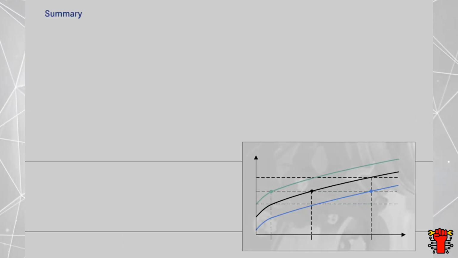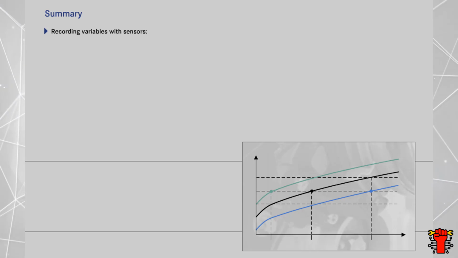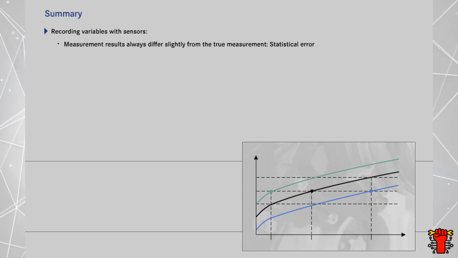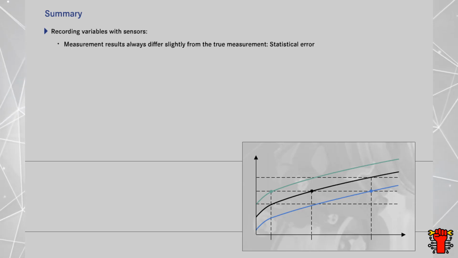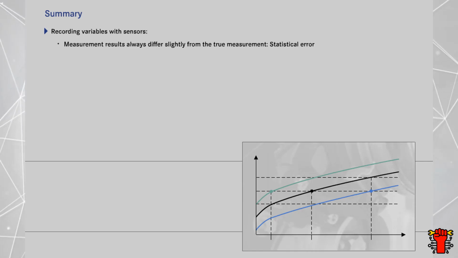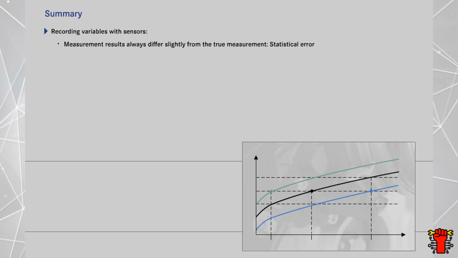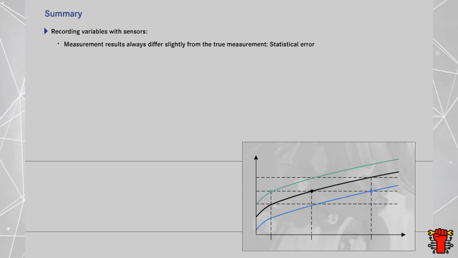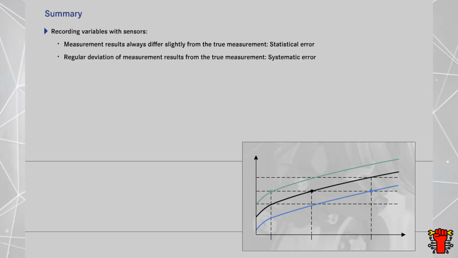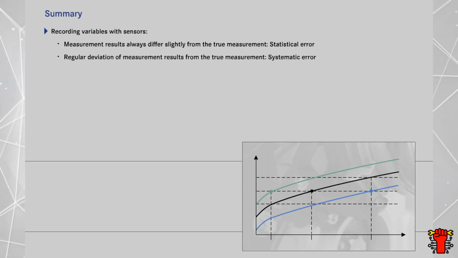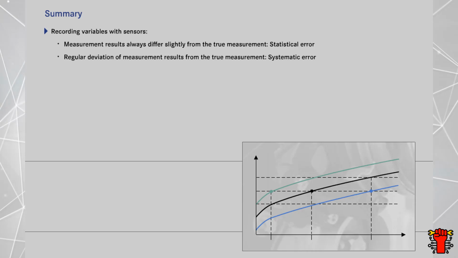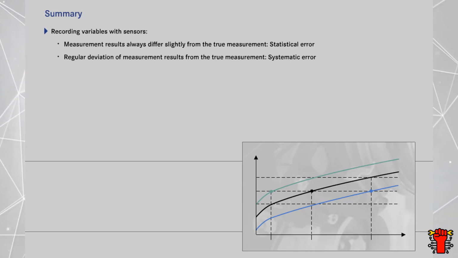Let's summarize the chapter. When recording variables with a sensor, the measurement results will always randomly deviate slightly from the true measurement. This principal measuring inaccuracy is referred to as a statistical error. If the measurement results also deviate regularly from the true measurement, this is referred to as a systematic error.